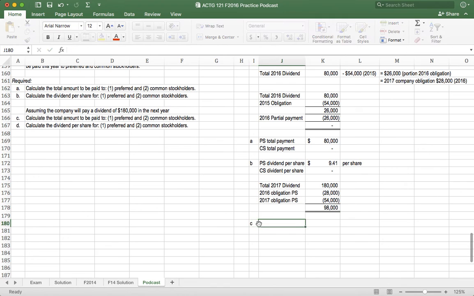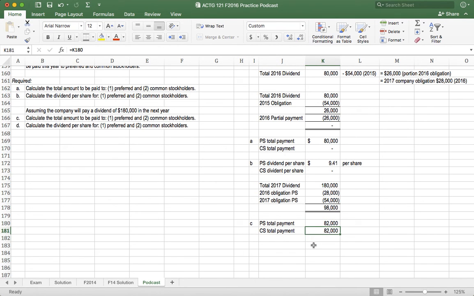So C, this is the preferred stockholders' total payment, and that's going to be the $28,000 plus the $54,000. And the common stockholders get to share the $98,000.